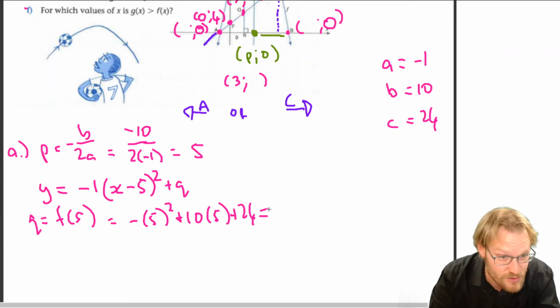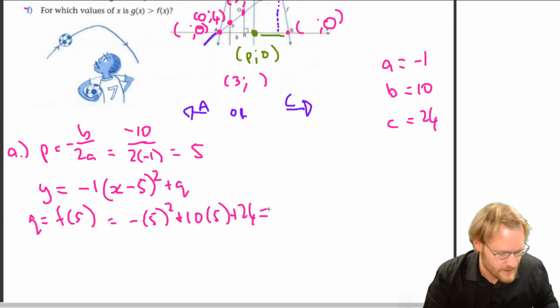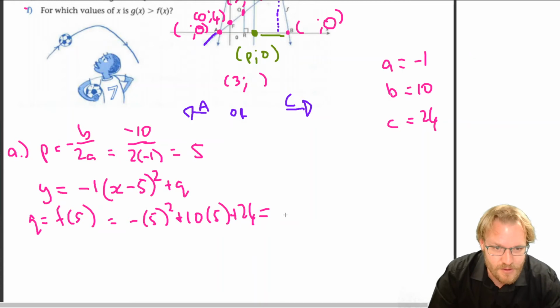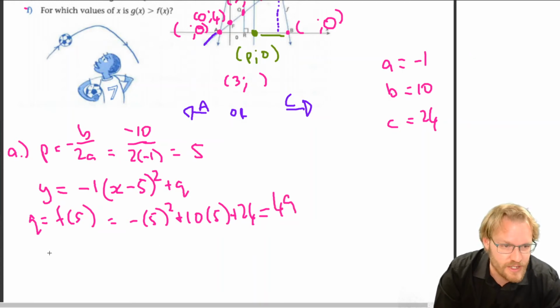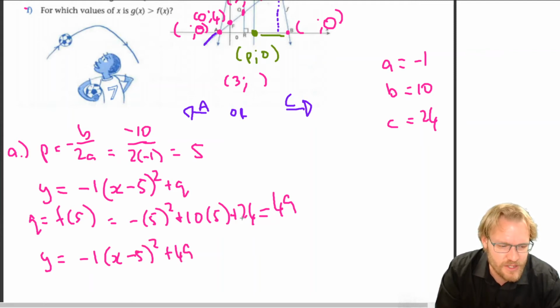So minus 5 squared is going to be minus 25 plus 10 times 5 plus 24, and we get 49. Okay, so q equals 49. So y equals minus 1, x minus 5 squared plus 49.